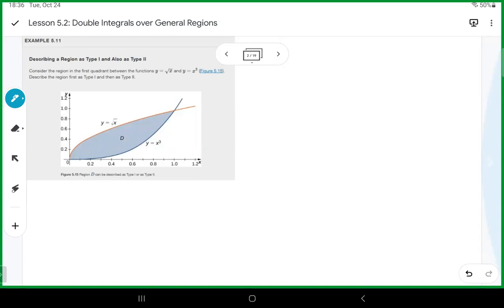Hence as type 1, D is described as the following set: D would be (x, y) with x from 0 to 1, and y from x cubed to the square root of x.